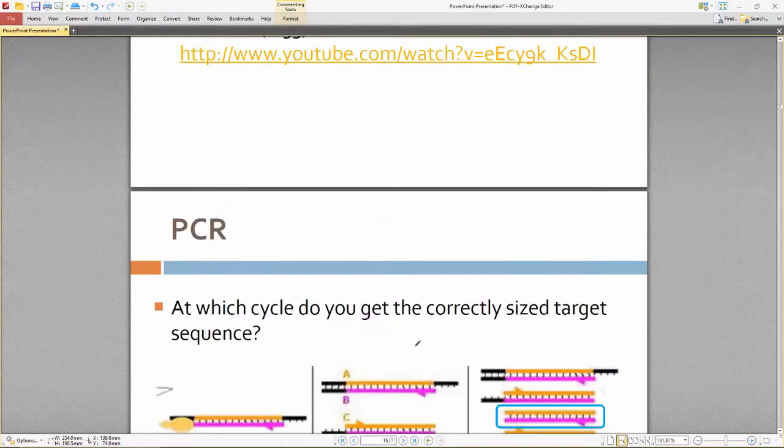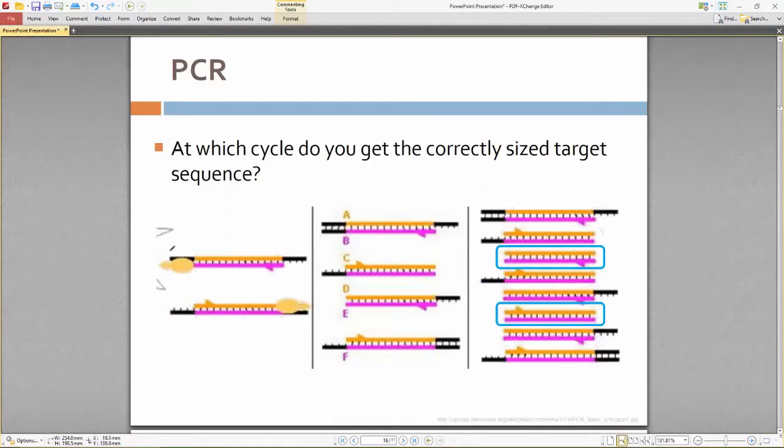So what does that actually mean? Let's assume that we start with the entire genome, and this is the target sequence that we want. After step 1 of PCR, this is the original with the black and the purple here. The orange is the stuff that we've just created. If we look at this entire molecule, does it match exactly the target sequence that we want?